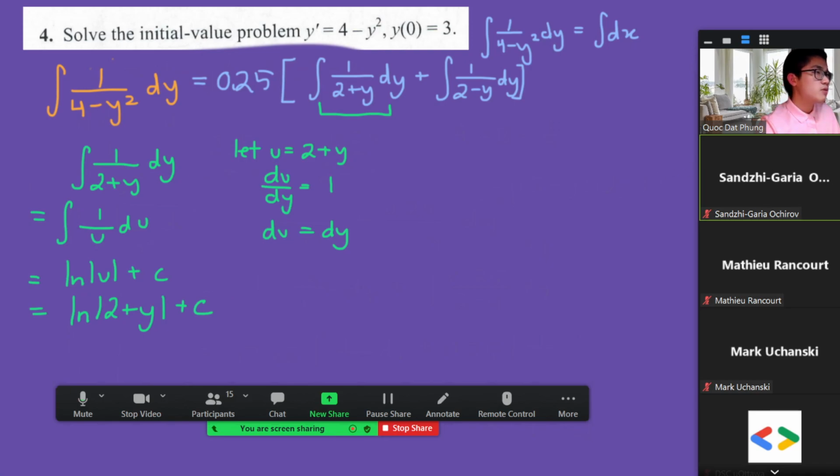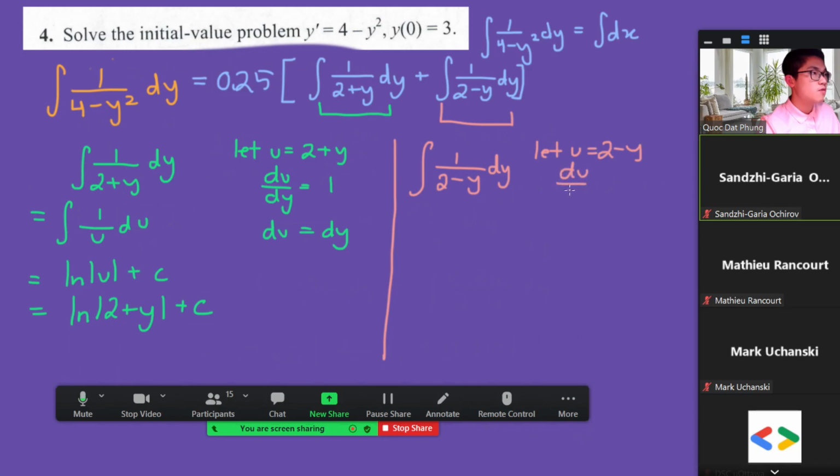And now how about this one here? We say let u is equal to 2 minus y, du over dy is equal to minus 1. Then du is equal to negative dy. So dy is equal to negative du.